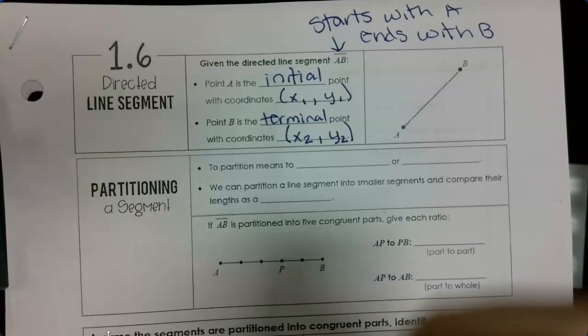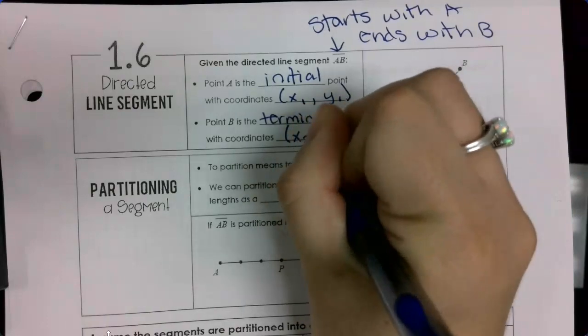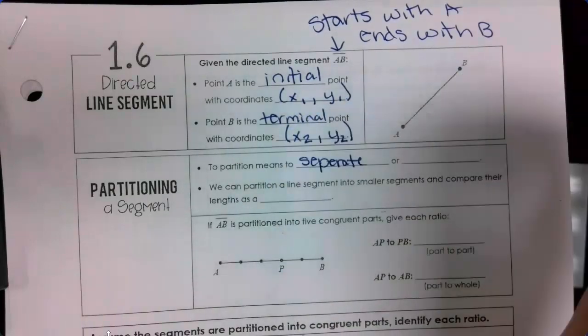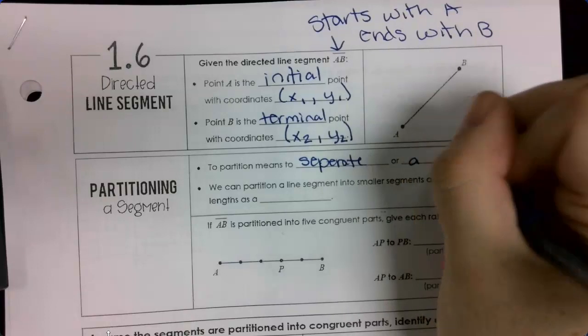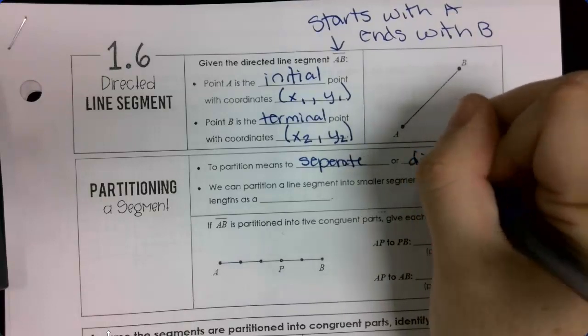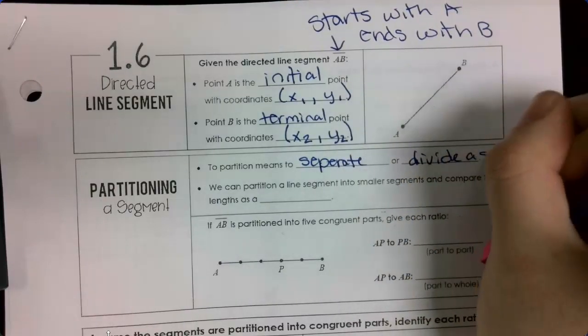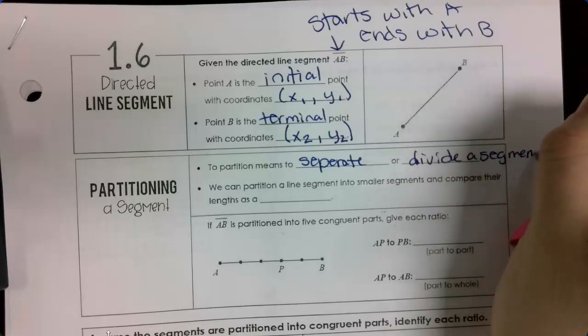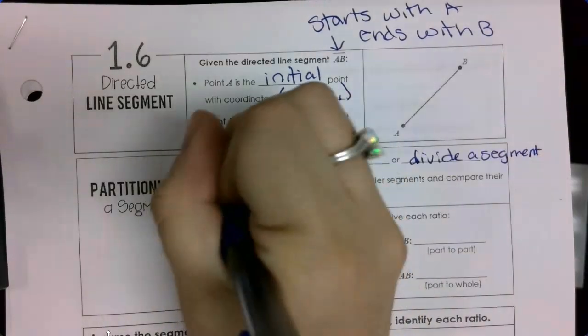So to partition means to separate or divide a segment into a given ratio of parts.